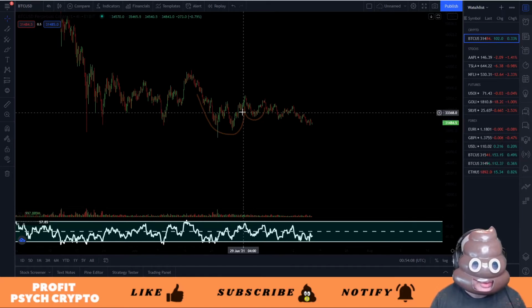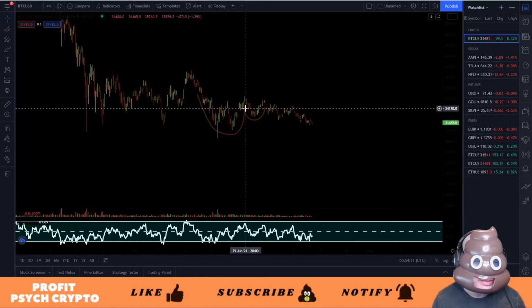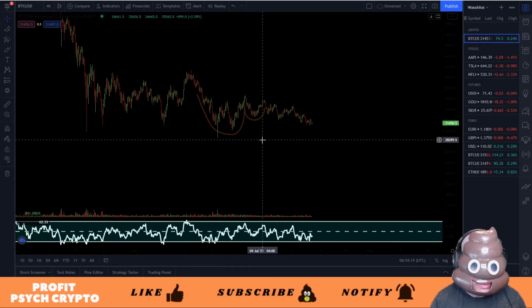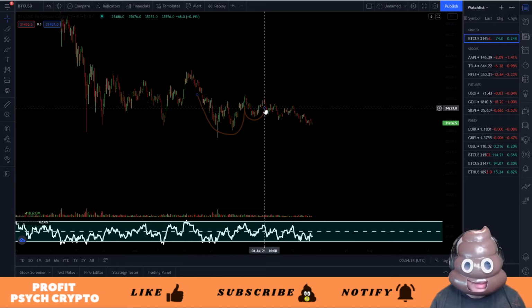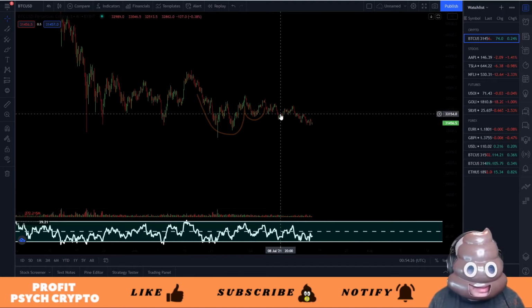And by the way, you always want this to be the right hand sack, the right hand cup. If you have a shriveled up right hand cup, that's when you know, okay, most likely this is going to continue in a range. It's kind of consolidating, it's continuing in a range.